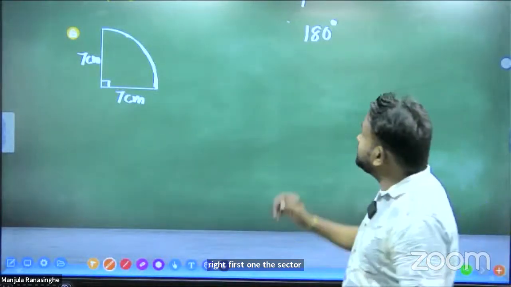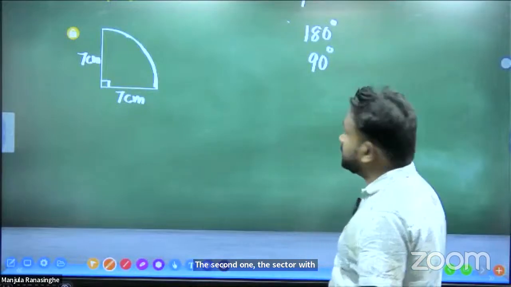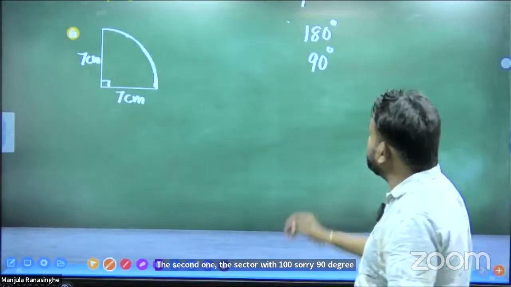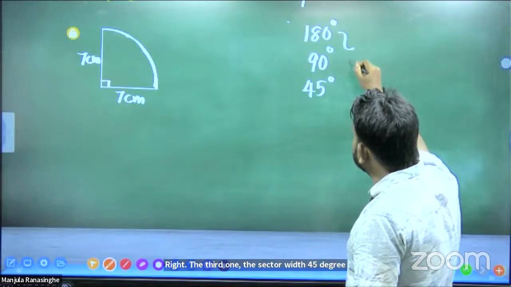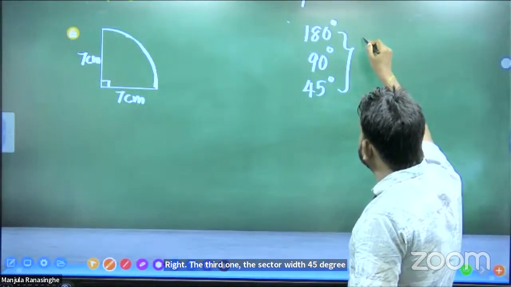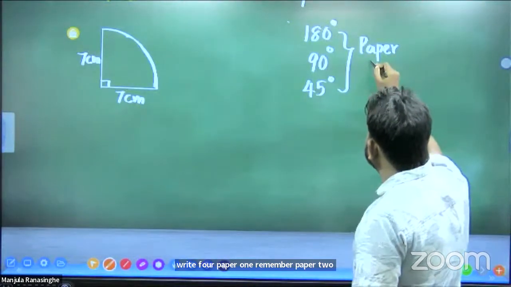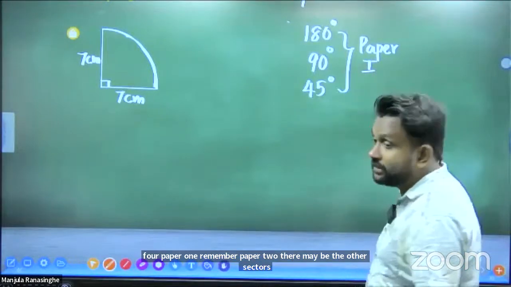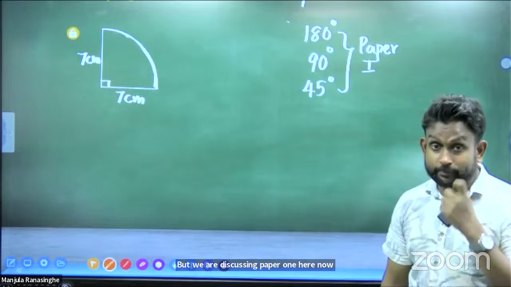The second, the sector with 90 degrees. The third, the sector with 45 degrees. So only these 3 for paper 1. Remember, paper 2 may have other sectors, but we are discussing paper 1 here.